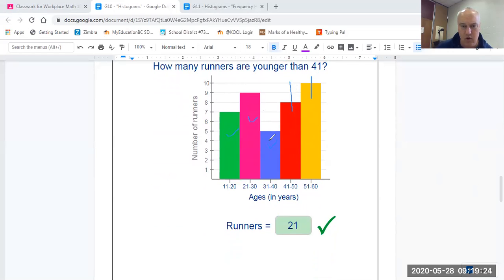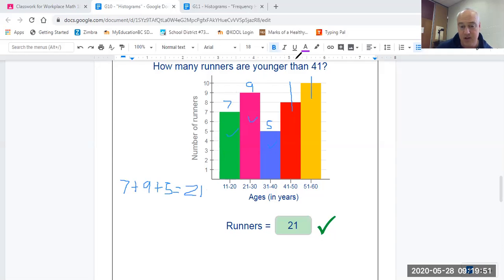This age group has 5, this age group has 9, and this age group has 7. If we add those 3 occurrences together, 7 plus 9 plus 5, we are going to come up with a value of 21.